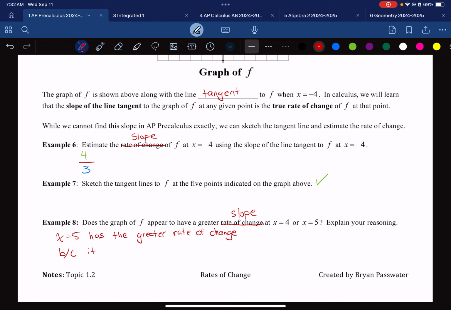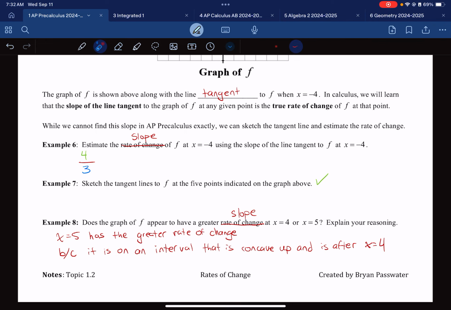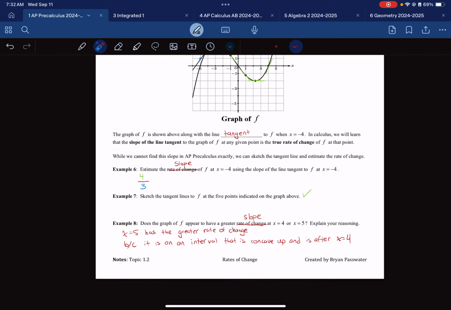Because it is on an interval that is concave up and is after, I guess, after x equals 4. If you're in an area that is concave up, generally speaking, if you're to the right of it, I don't know if I should be using the word after. Maybe I should have used the word right. If you're to the right of a point and you're concave up, you should have a higher slope.